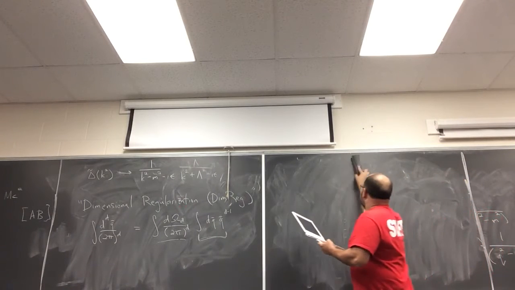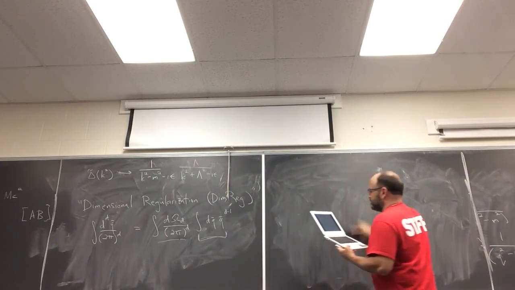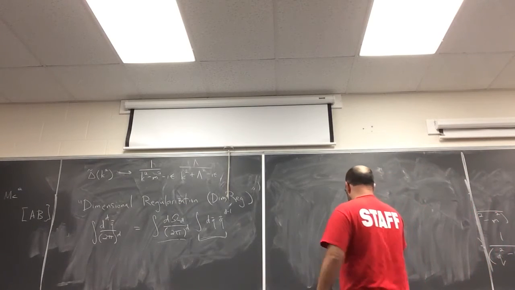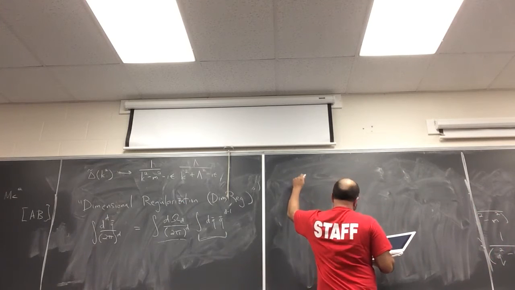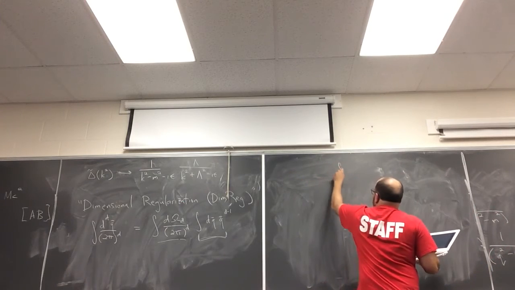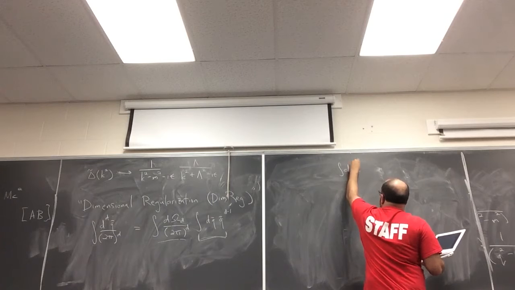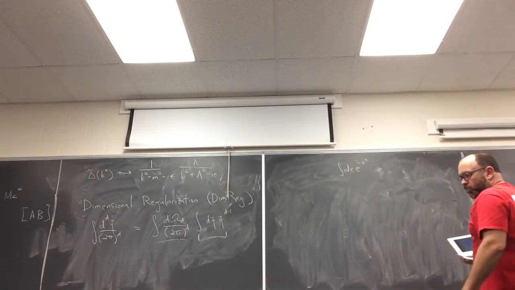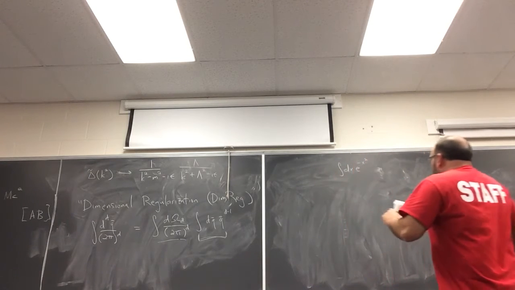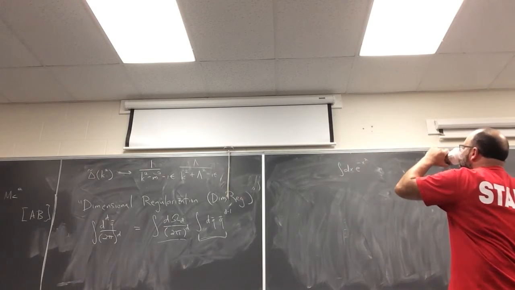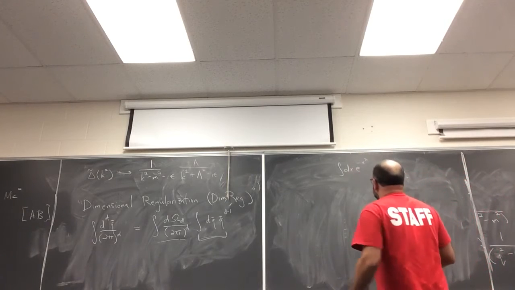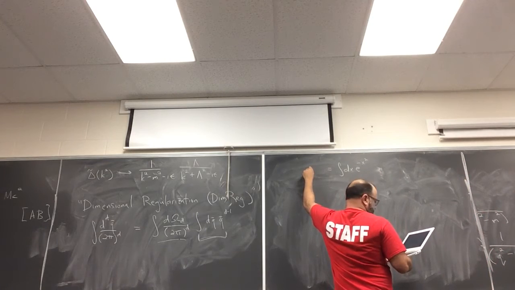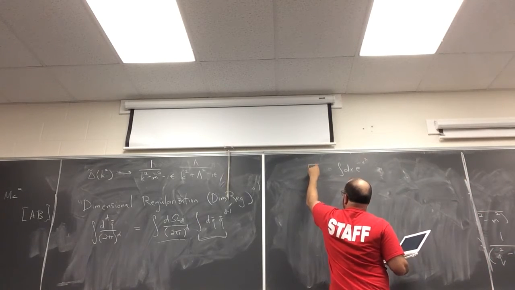So what we want to do is use the definition of an integral of a Gaussian. I know that if I integrate dx e to the minus x squared, this integral is what? Anybody remember? Square root of pi. Yeah, square root of pi.